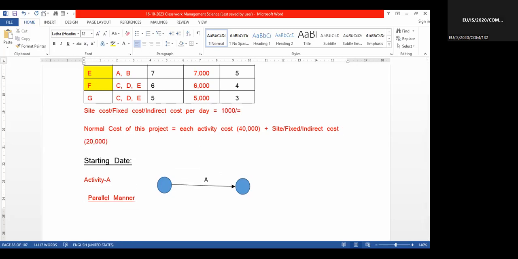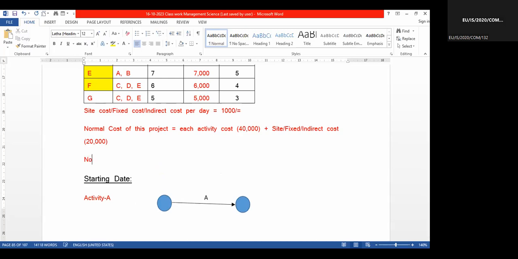Per day 1,000. Therefore 20 days of the project. So then the normal cost, how much in total? 20,000.